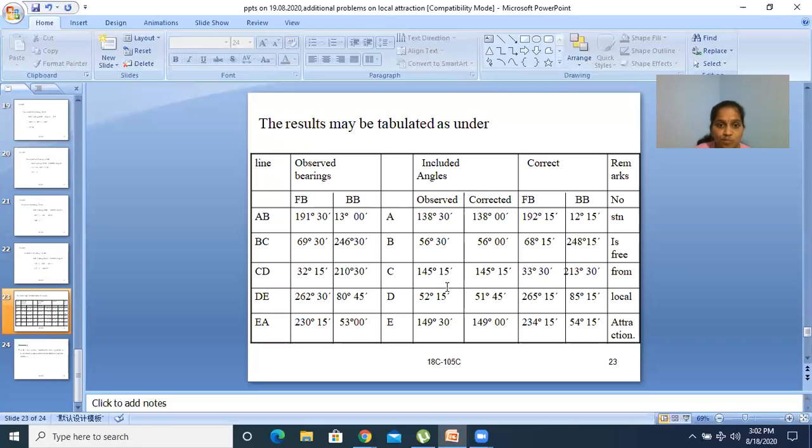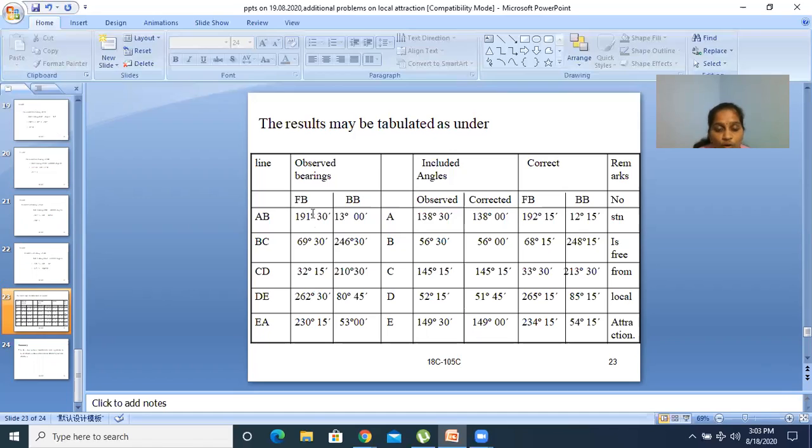Friends, you can see the results may be tabulated as follows. So now these are the lines AB, BC, CD, DE and EA, and these are the observed bearings, observed forebearing and back bearing. 191 degrees 30 minutes, 13 degrees 69 degrees 30 minutes, 246 degrees 30 minutes, 32 degrees 15 minutes and 210 degrees 30 minutes, 262 degrees 30 minutes and 80 degrees 45 minutes, 230 degrees 15 minutes and 53 degrees 00 minutes.